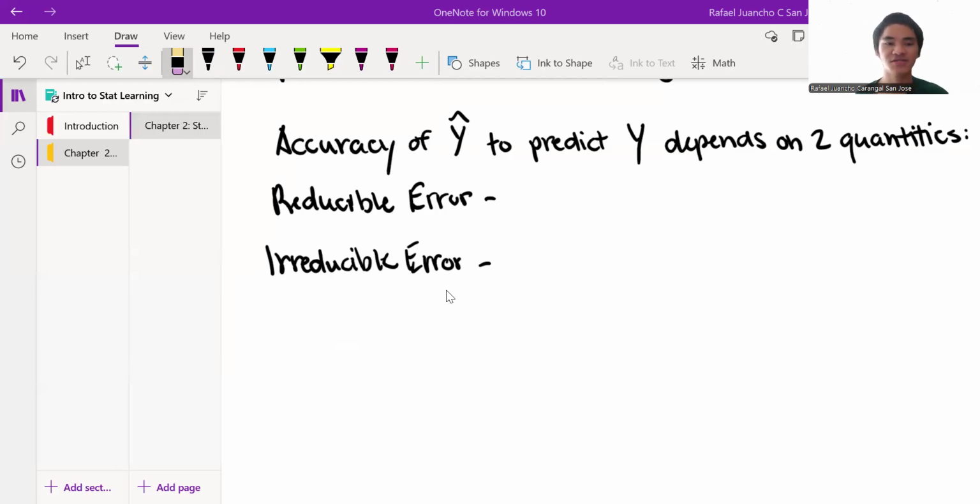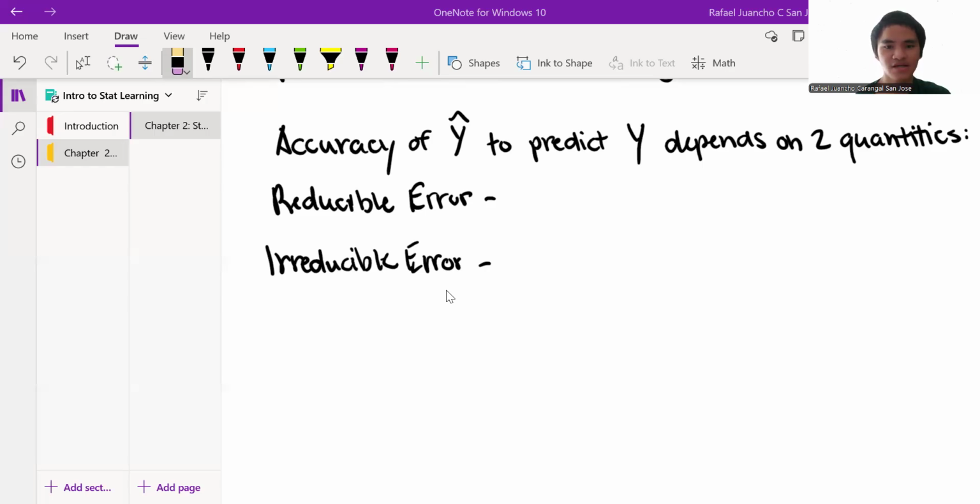Just like in our previous example on the years of education and the income, we had some errors that are above the fitted curve and below the fitted curve, right?